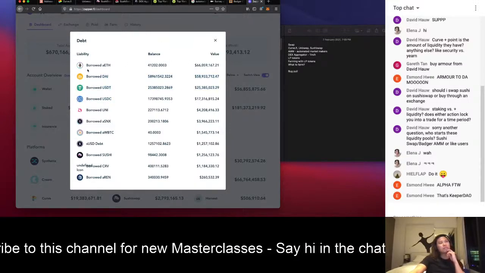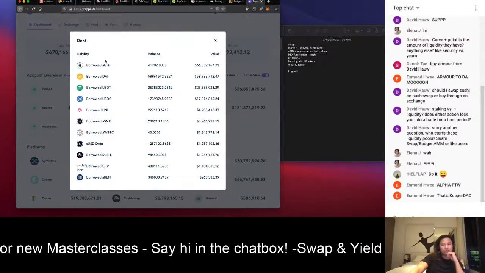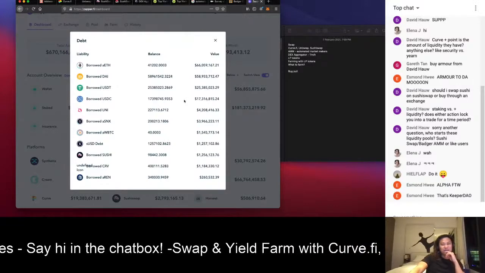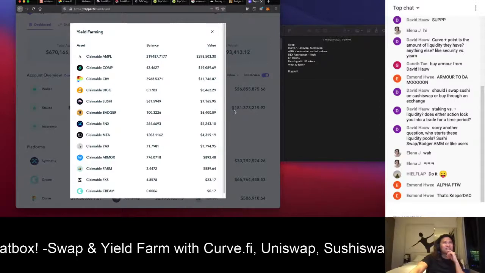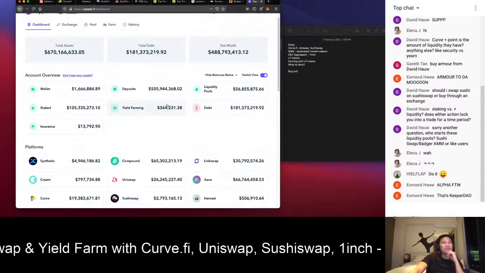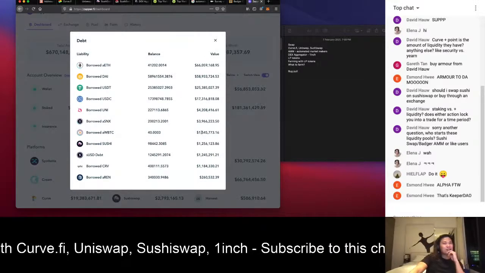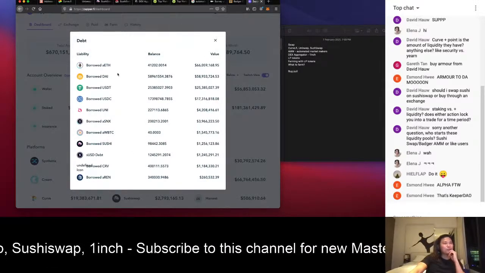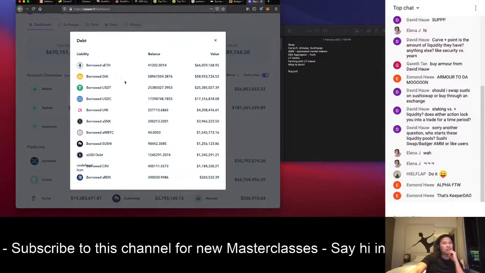But in this case, he also borrows Ethereum. Yeah, man, he has more Ampl than my net worth as well, man. Wait, how much Ampl does he have? Now, come on, man. For sure, your net worth is more. Yeah, so I look at the debt sometimes to find out like what people are up to. Try to figure out like what he's up to.